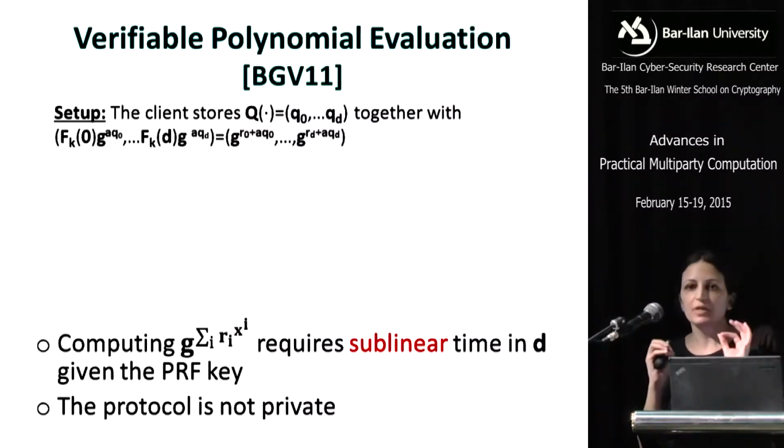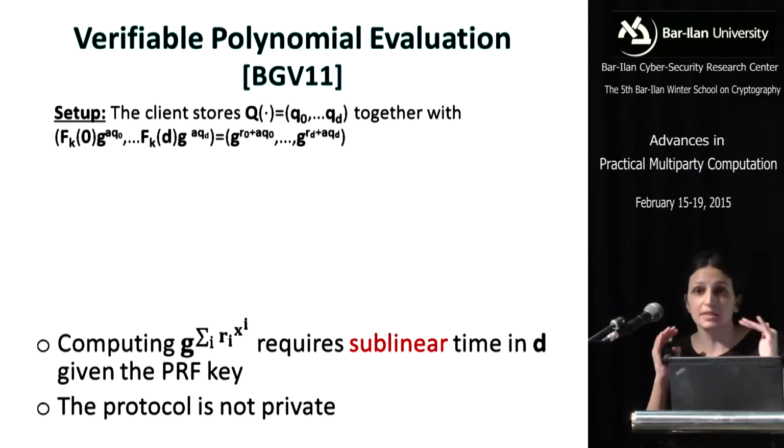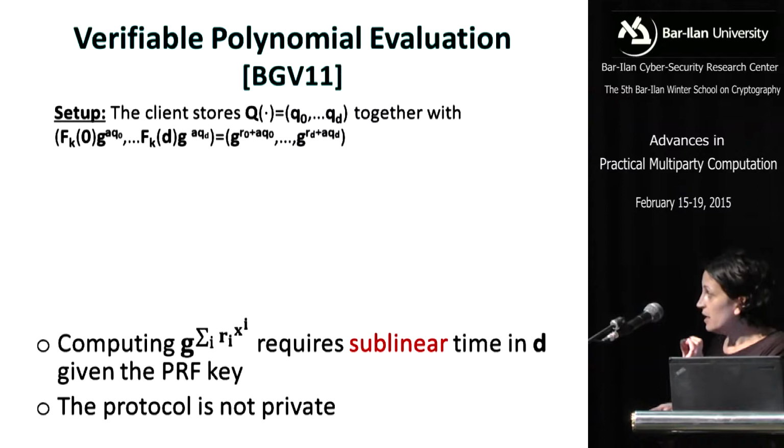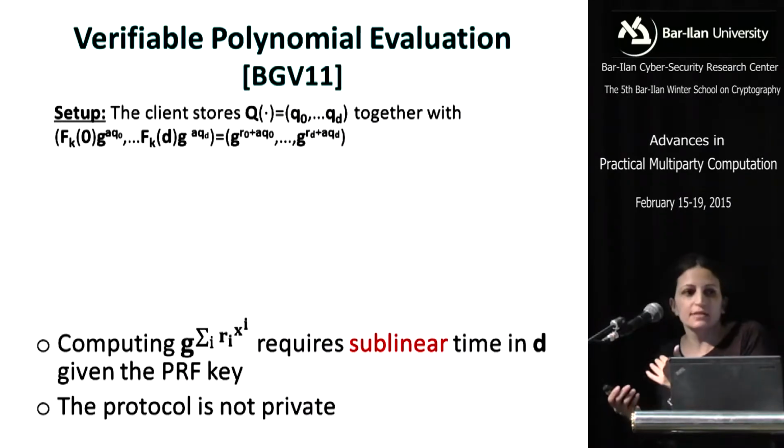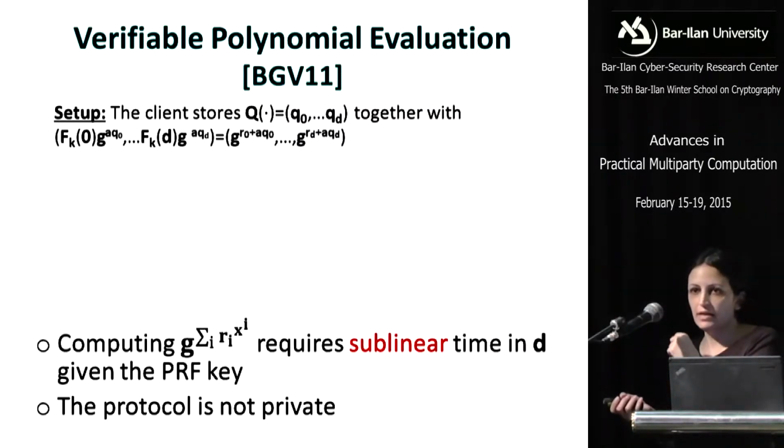So first, it samples a random a from the corresponding field. We work in the exponent, remember. Next, for every coefficient, you can view this as a one-time MAC. So, for instance, for the first coefficient, we have q0. So it computes F_k(0) times g to the a q0, okay?